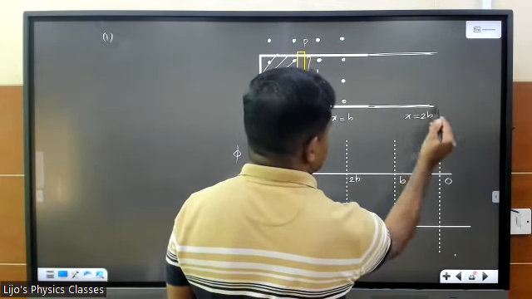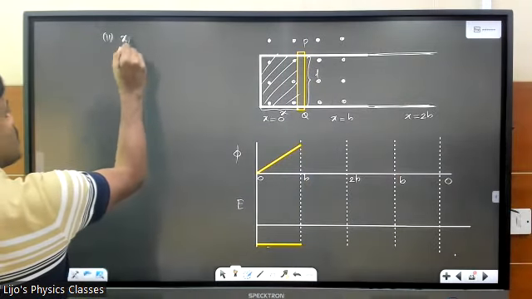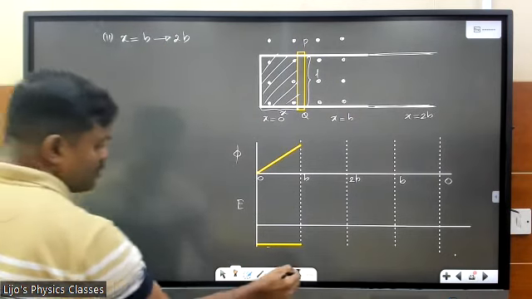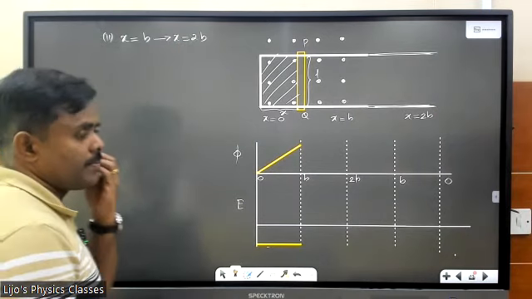The rail extends until 2b. So the second case is the conductor moved from x equal to b to x equal to 2b.